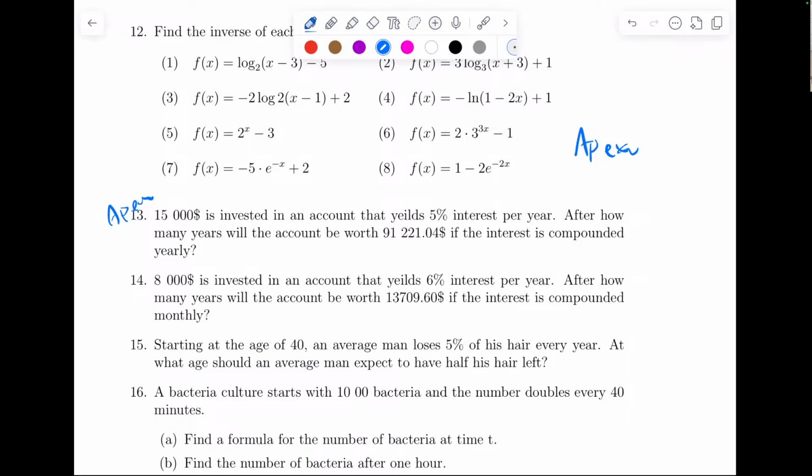What do you mean? That's how I set it up. Oh, we don't have a year.